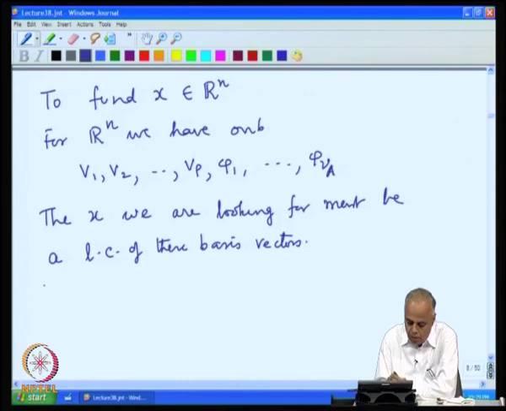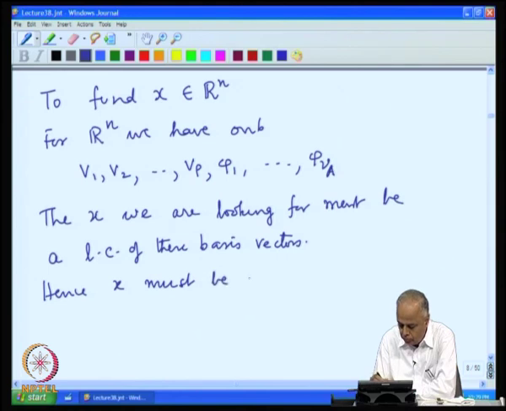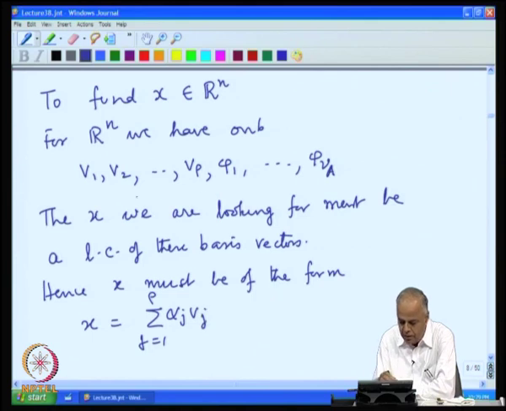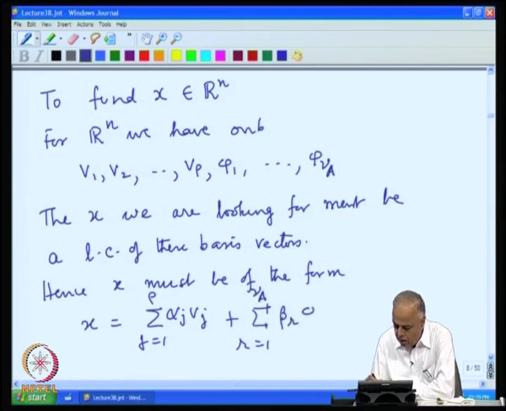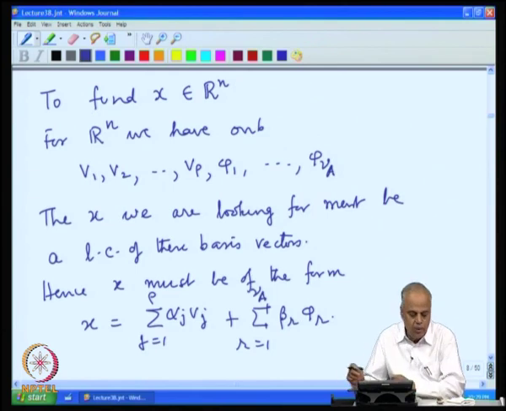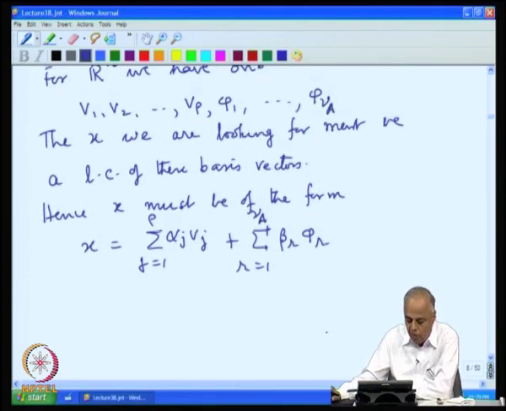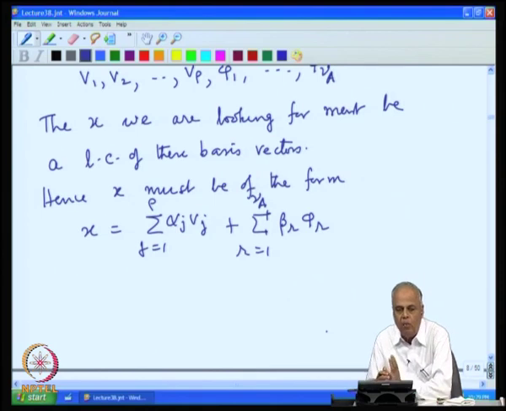Hence x must be of the form: x is equal to the sum over j equal to 1 to rho of alpha j v j, which takes care of the linear combination of the v's, plus the sum over r equal to 1 to nu a of beta r phi r. So, the x that we are looking for must be of this form. The moment we know alpha 1, alpha 2, up to alpha rho, and beta 1, beta 2, up to beta nu, the vector x is known.